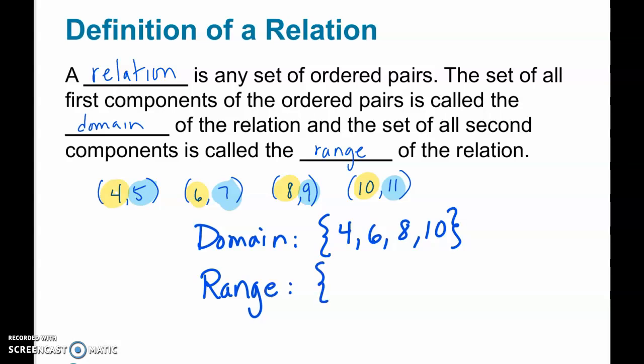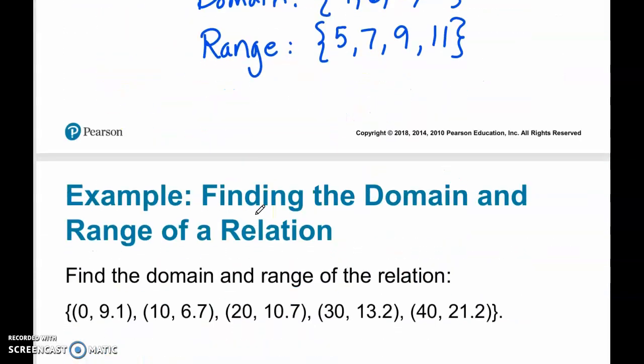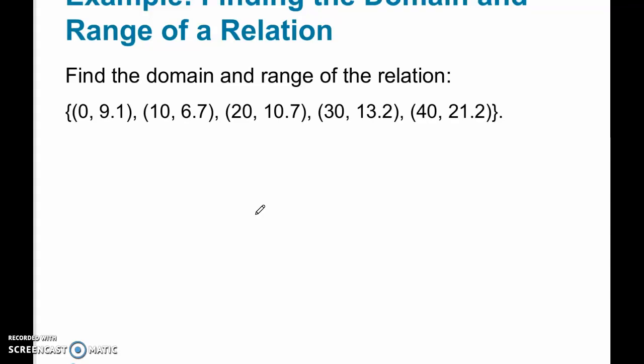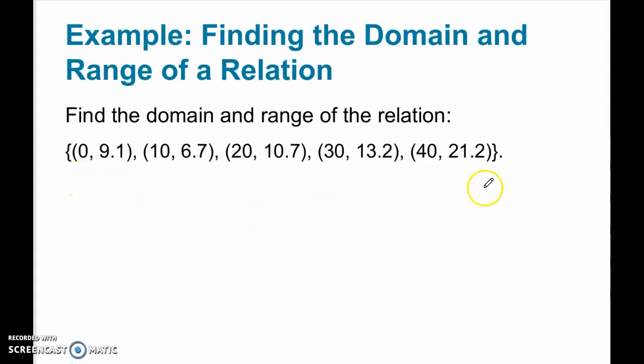And notice I'm putting these braces, and I'm going to separate the numbers with commas. So this would be my range. You're going to find a problem on the next page. So pause this video and try writing the domain and range here.